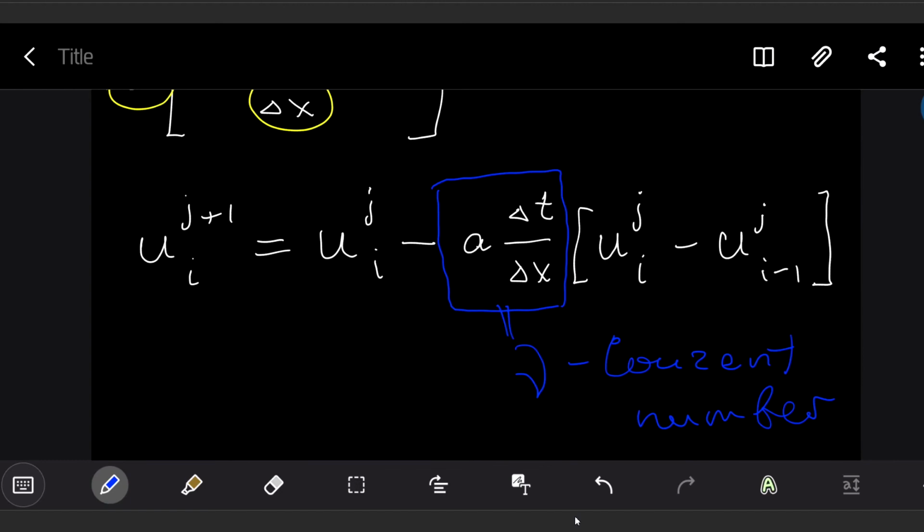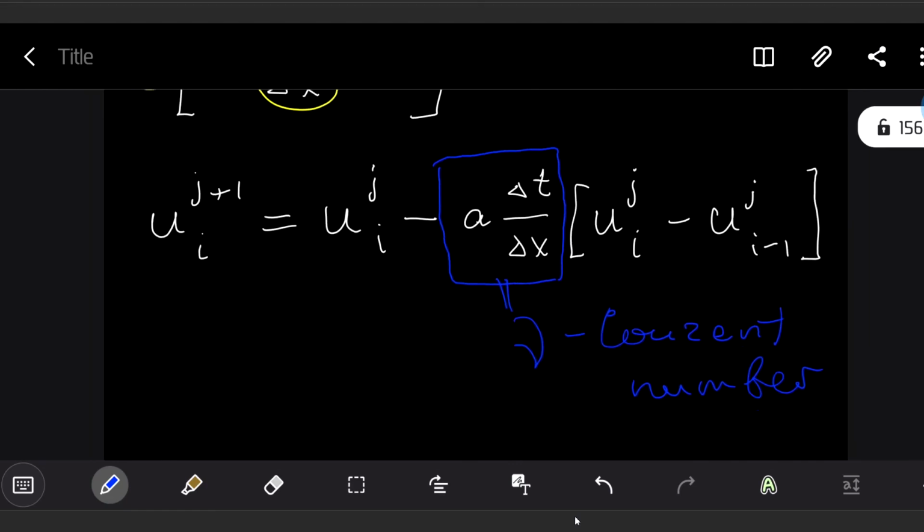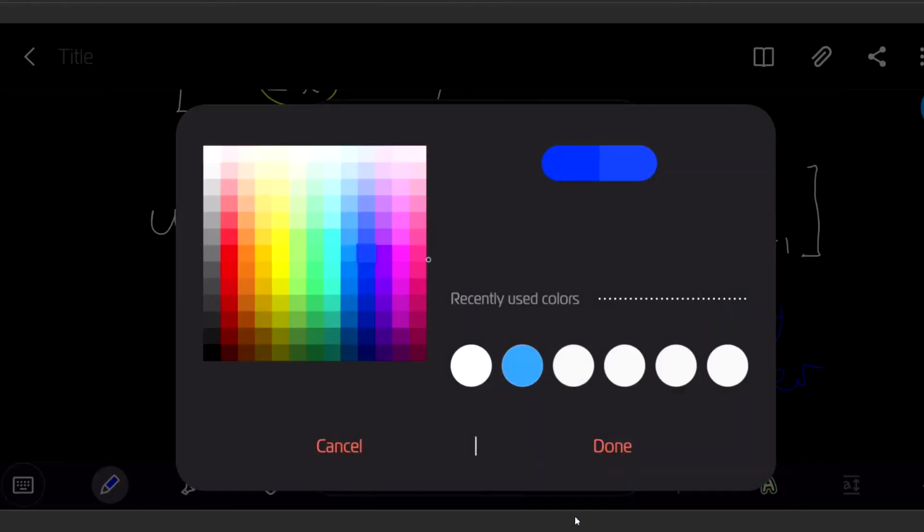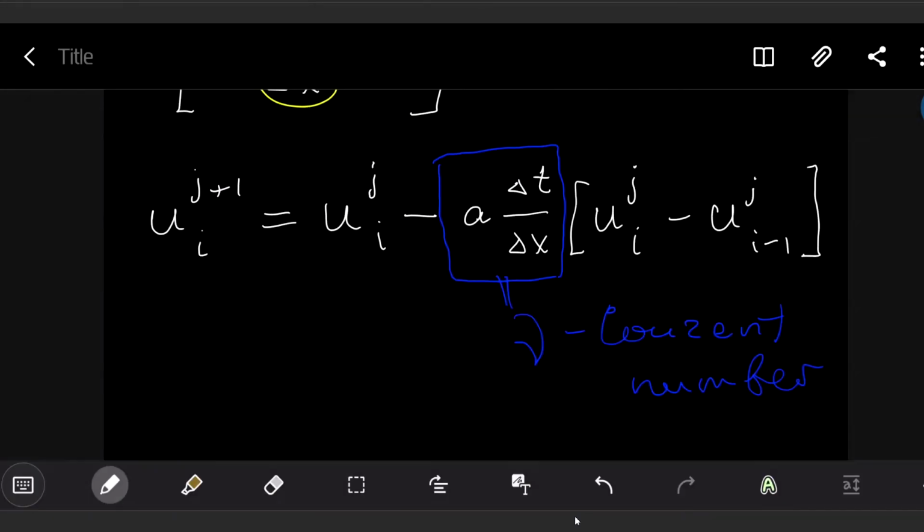Let's see some examples. I would like to show you examples with different values of the Courant number. First of all, I would like to show you what happens when the Courant number is equal to 0. Nu is equal to 0.